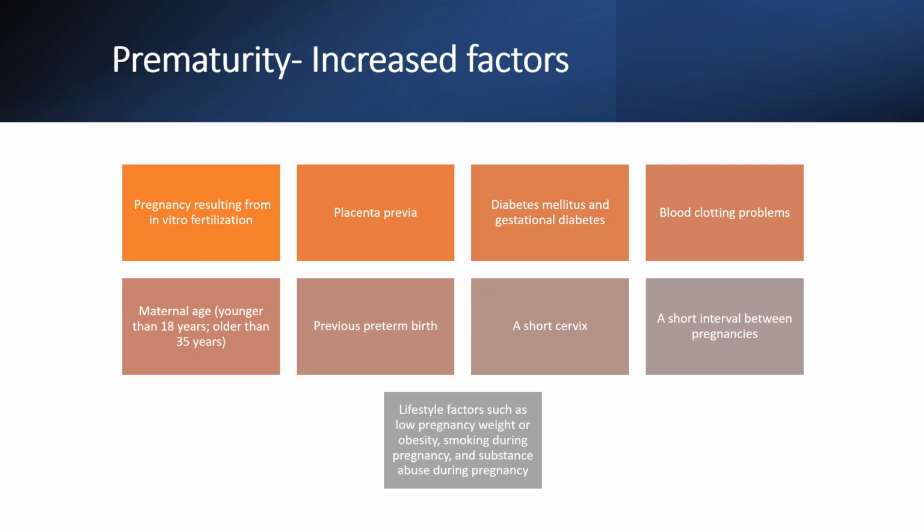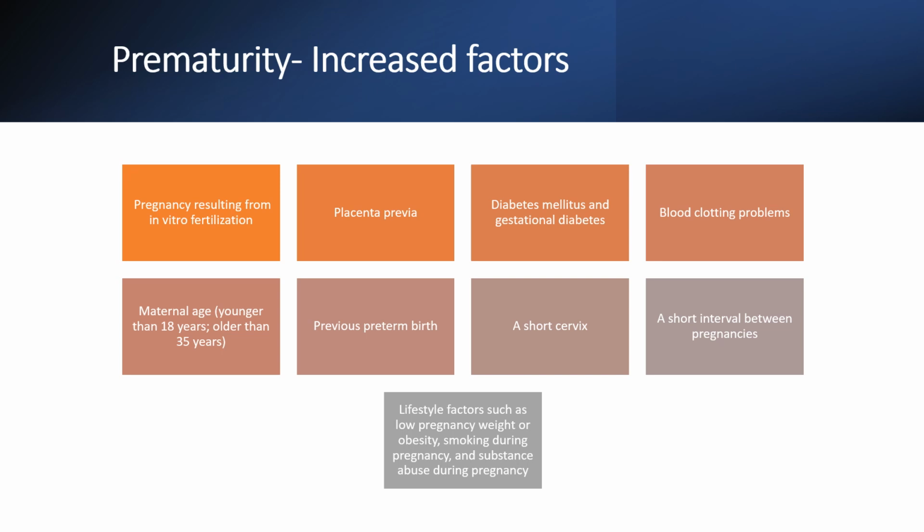Different things: any pregnancy resulting from in vitro fertilization, where they have medical help conceiving; placenta previa, where the placenta is over the cervix and as it opens it starts to bleed, a higher risk factor; diabetes mellitus and gestational diabetes, either of which increases risk, and we typically get a larger than normal baby because insulin is a growth factor as well.